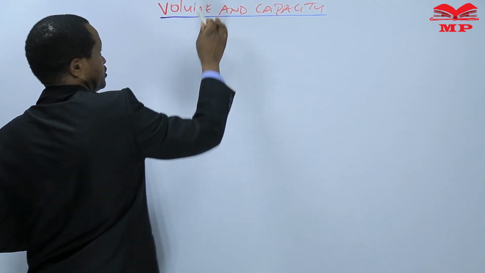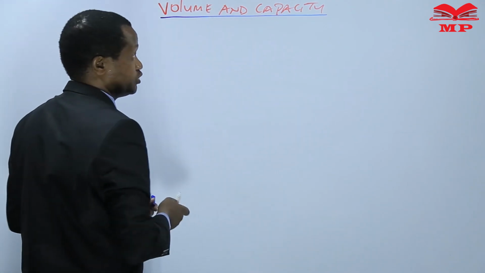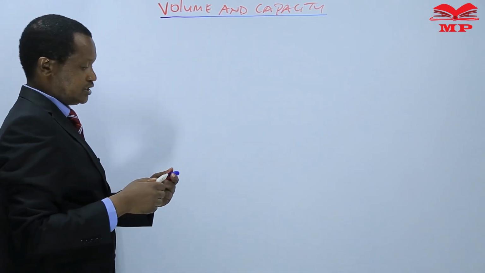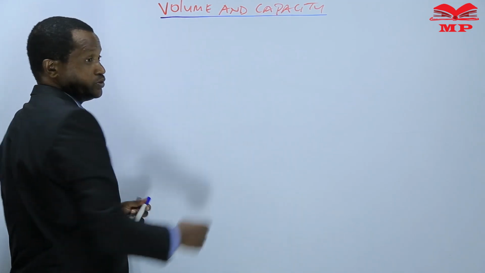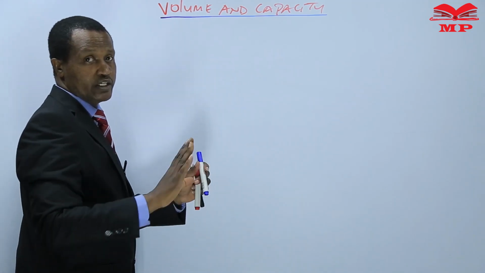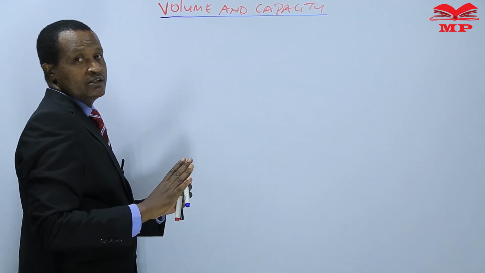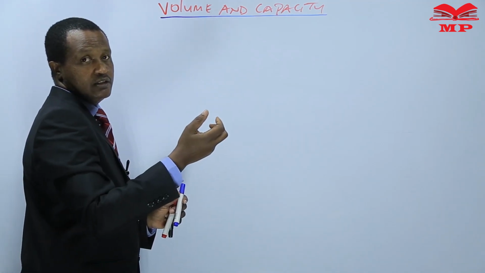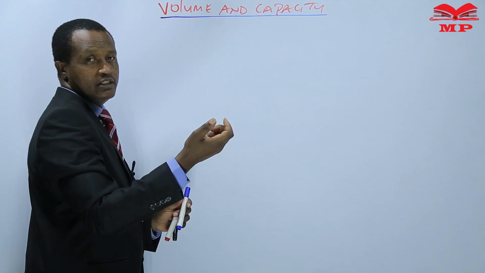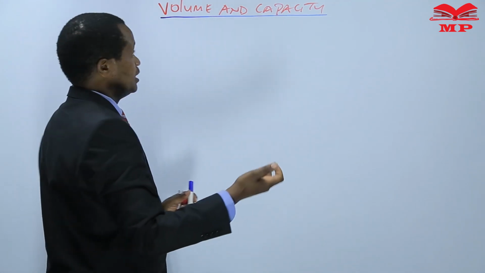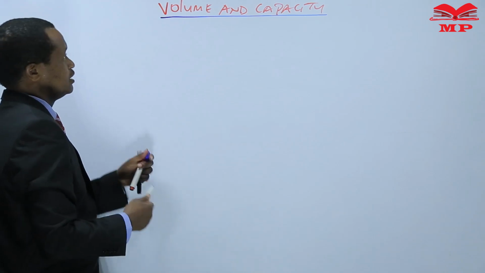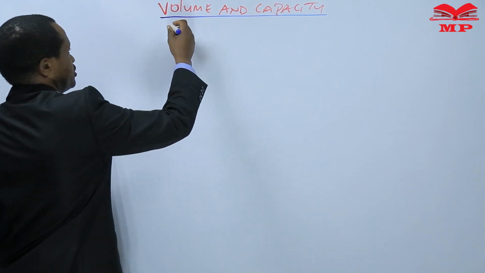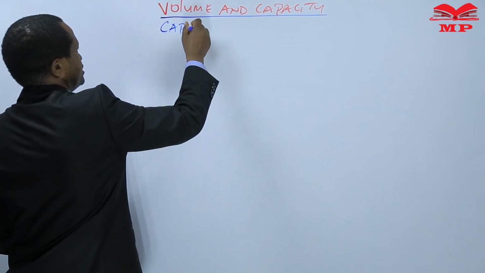We've gone to the extent of giving you assignments, which you have done. And I told you if you have any questions touching on the calculation of volume of any solid, that is the cuboids, the cubes, and the cylinders, you are free to ask the questions. Today, our attention is on capacity.